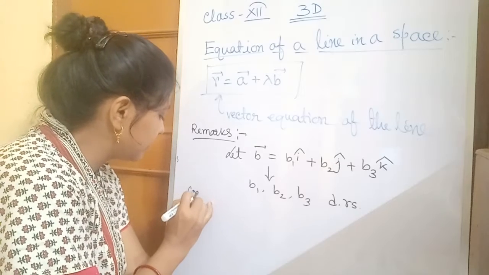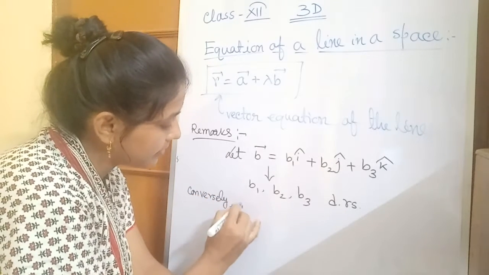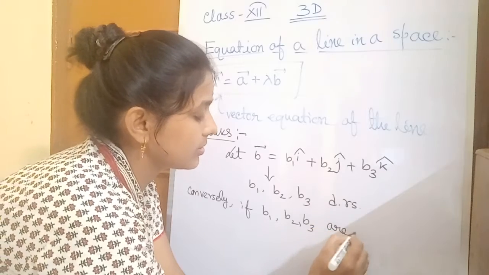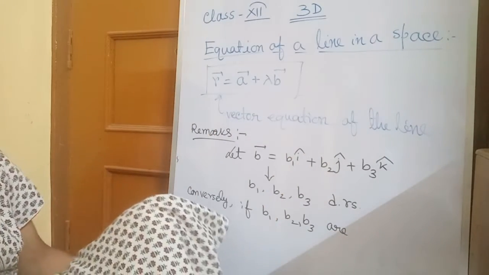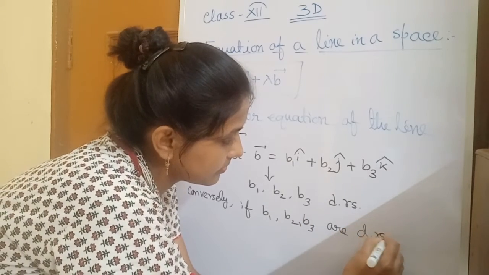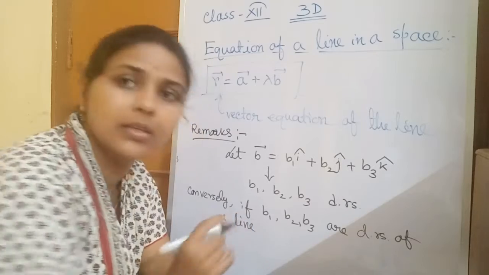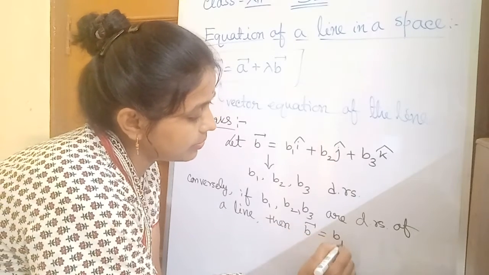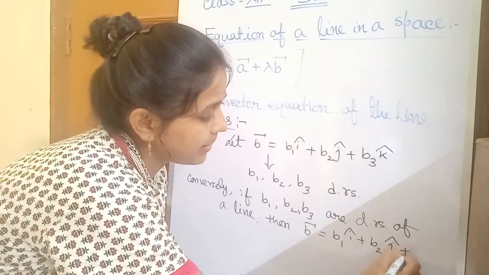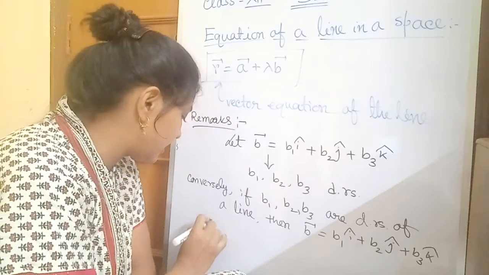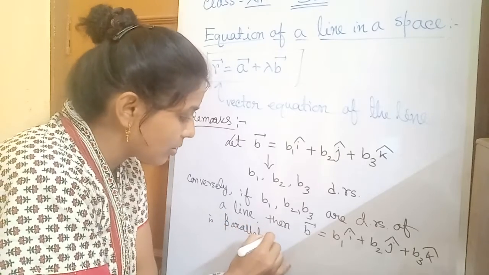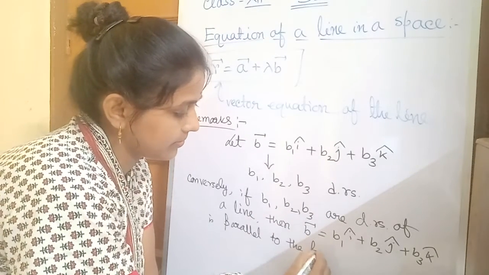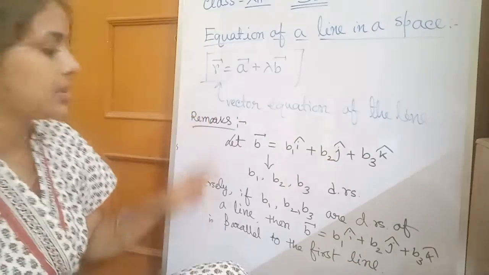Conversely, if b1, b2, b3 are direction ratios of a line, then b vector equals b1 i plus b2 j plus b3 k, and this line is parallel or collinear to the first line. So this is the remark.